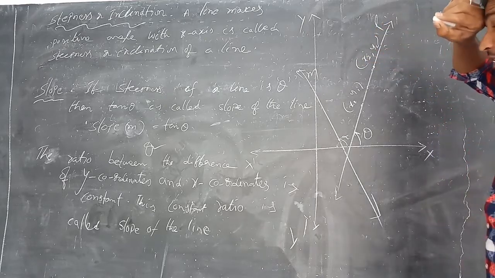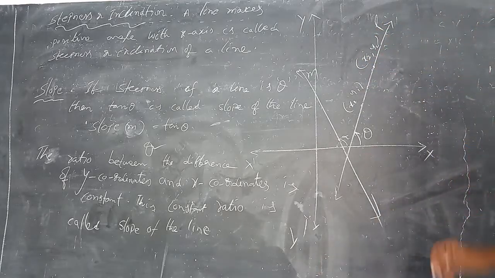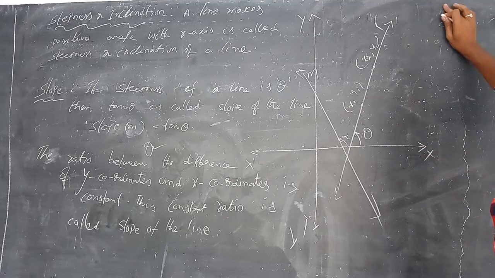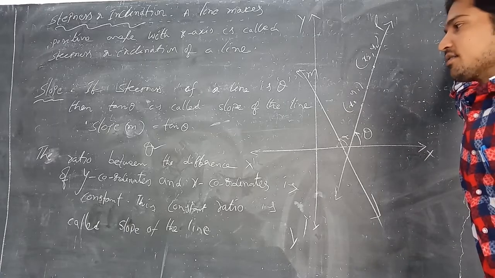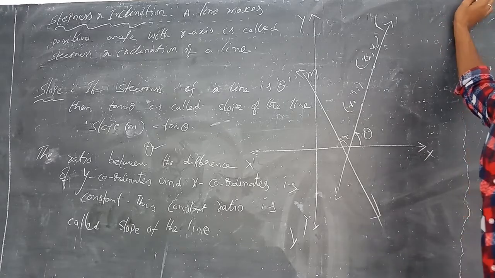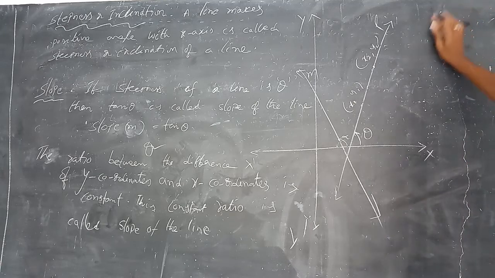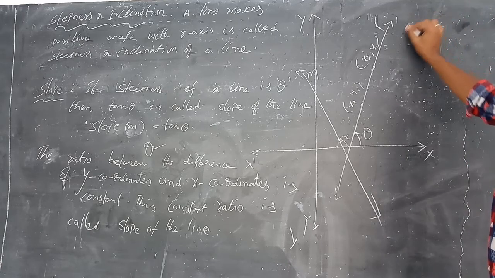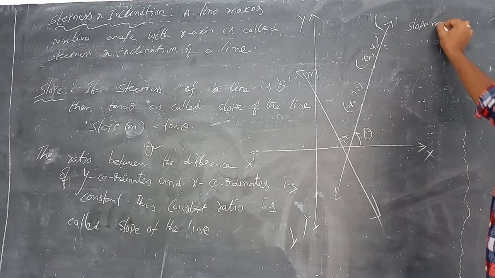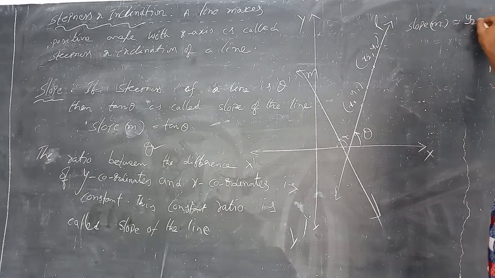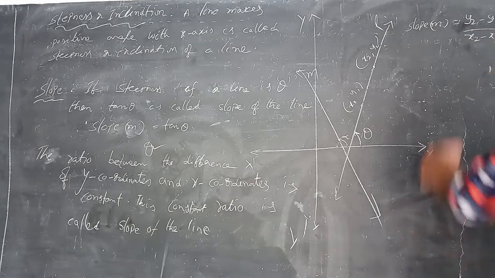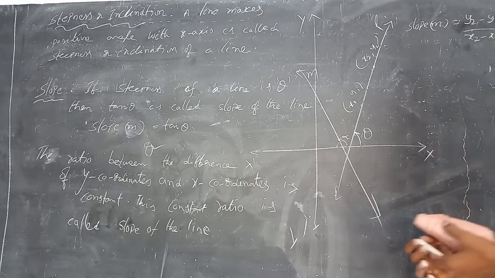Then slope is the ratio of the difference between y coordinates and the difference between x coordinates. Slope m equal to y2 minus y1 by x2 minus x1. Right?